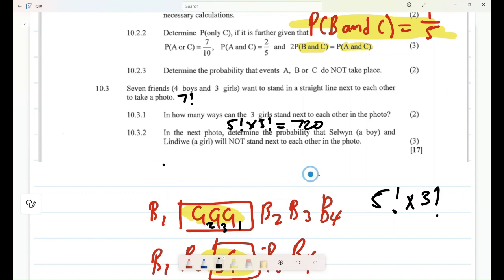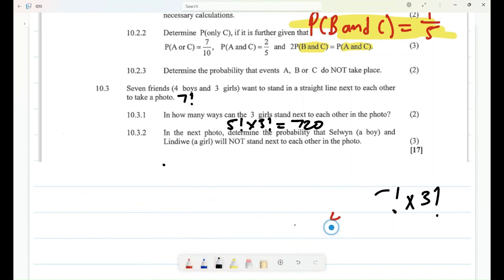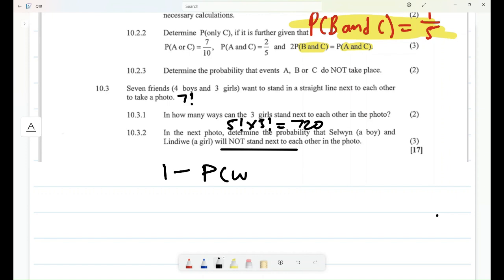Now the last question, fast. In the photo, determine the probability that a boy and Lindy will not stand next to each other. Remember, will not. What we do, we say 1 minus the probability that they will stand next to each other. So now 1 minus, what is the probability that they will stand next to each other?